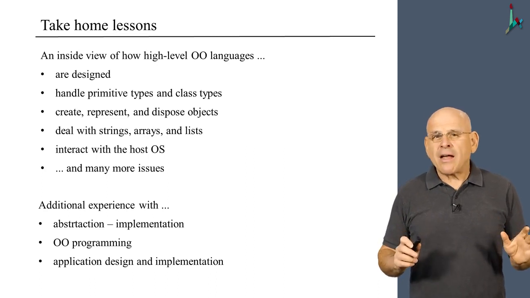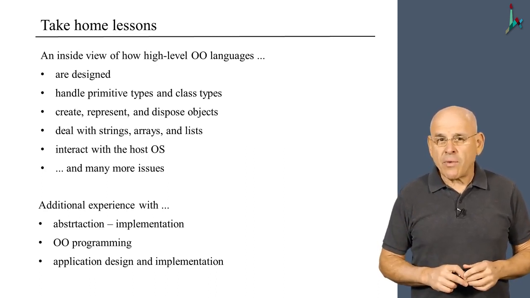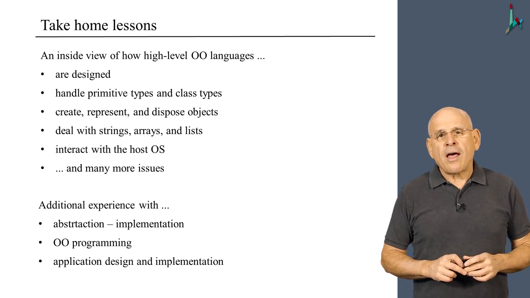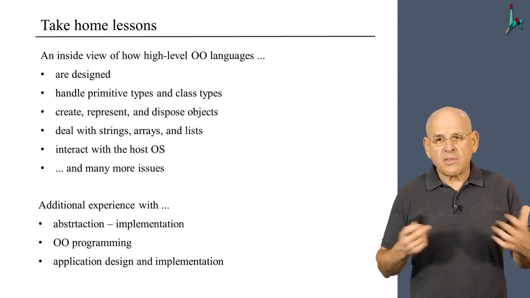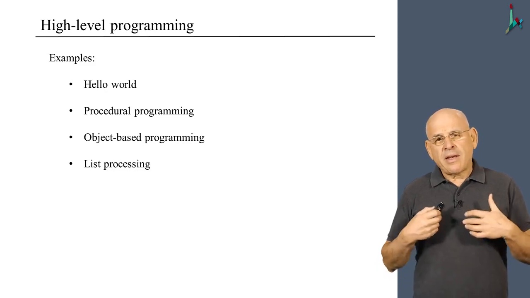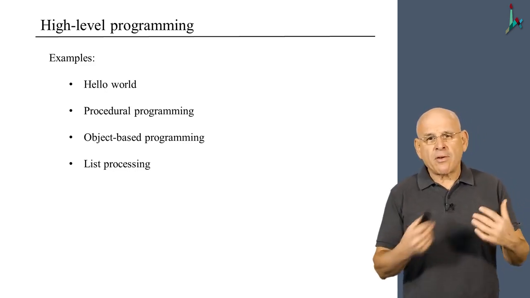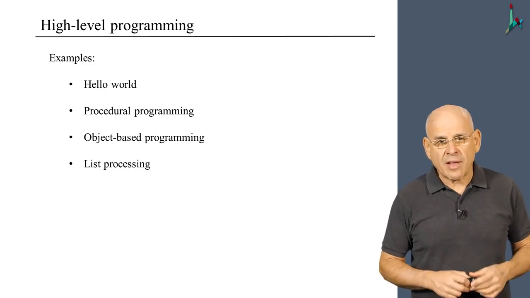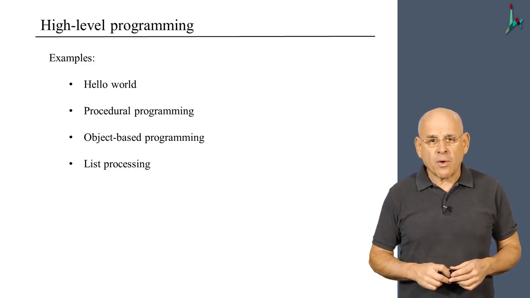Jack is by and large a self-explanatory language, and therefore I think that the best way to introduce it is to see some examples. So we'll go through 4 examples, and in each one I will use the example in order to introduce some features of the language. So let us start with Hello World.